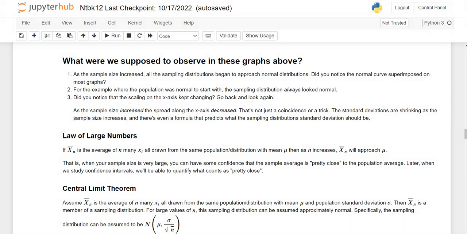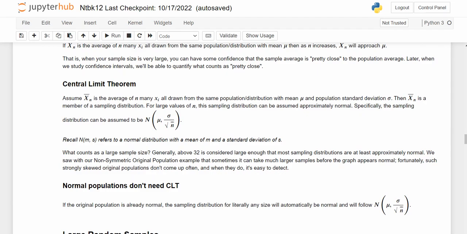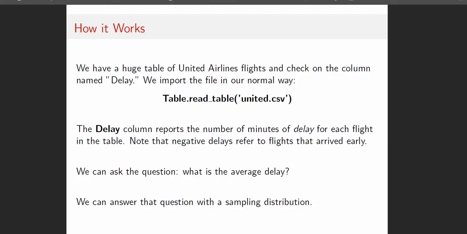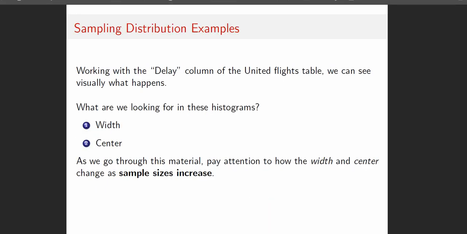And all of this goes into the central limit theorem. So again, what are we looking for? Notice that the center of these bell shapes is getting closer and closer to the average, and the width of the bell is getting narrower and narrower, so that the estimate is getting better and better.